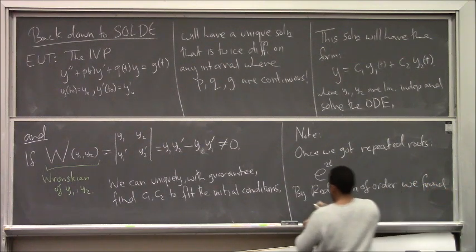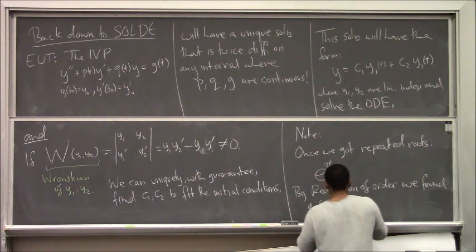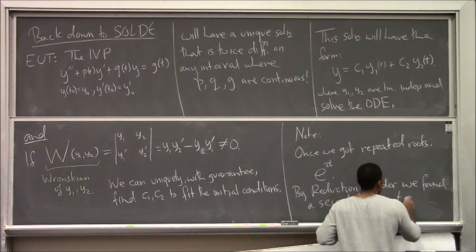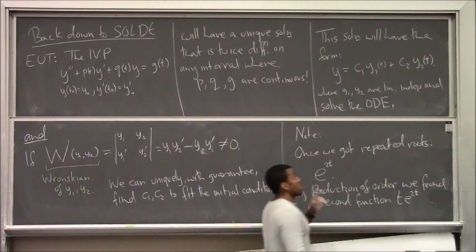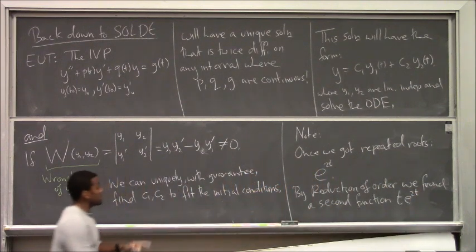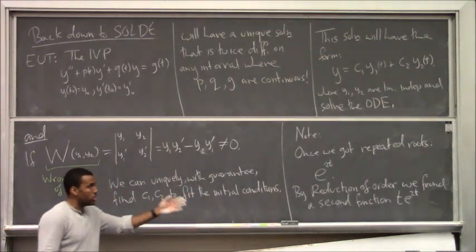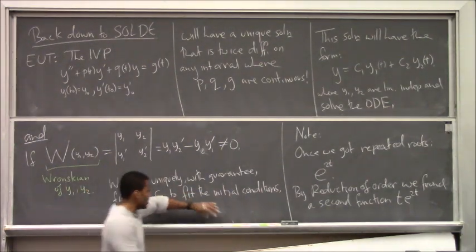We found a second function, t e to the 2t. And for a second order linear differential equation with constant coefficients, it's always going to just be u times t. You don't have to do reduction of order, just multiply by t and it'll fix it.